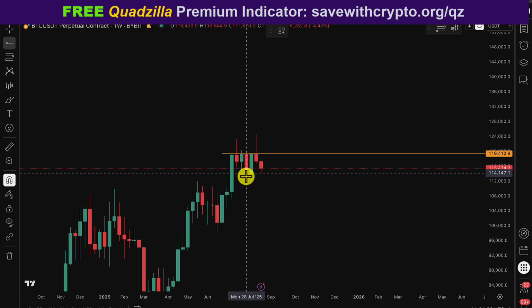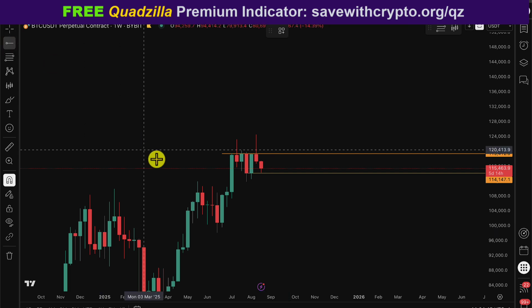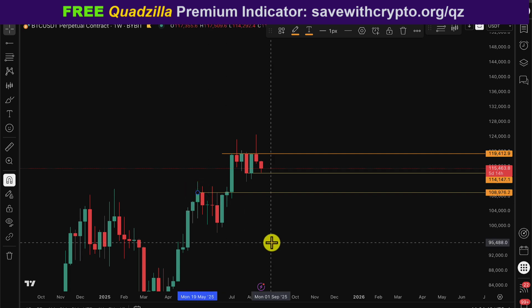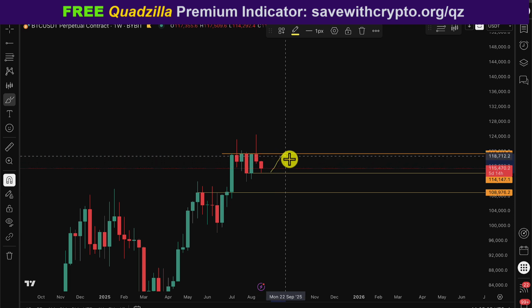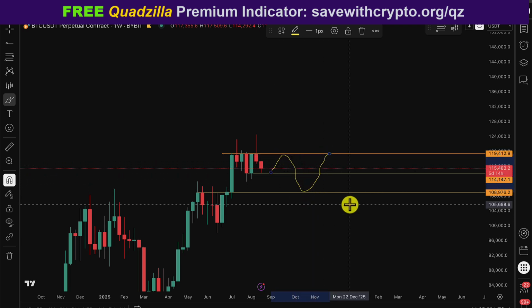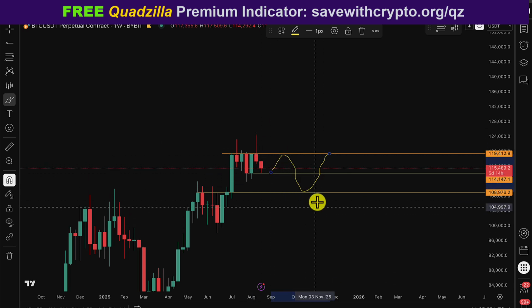We've got an area of interest there at 114,147, and then below that there's a fairly obvious one here, isn't there? At 108,976. And to be honest, if we stay in this range here, between 119 and 108, I'll be quite happy, and this does present some excellent trading opportunities as well.